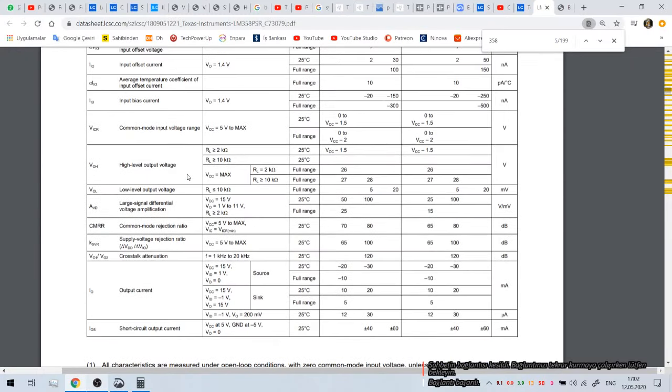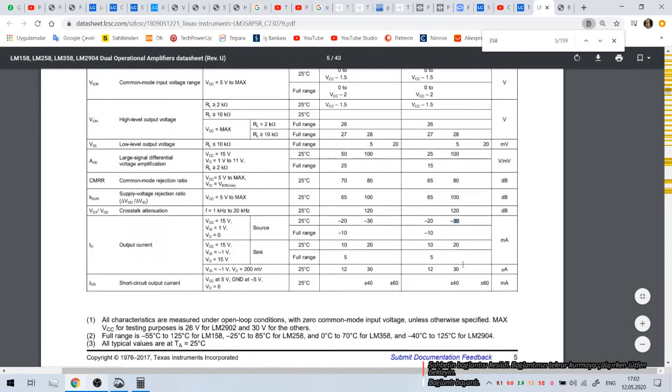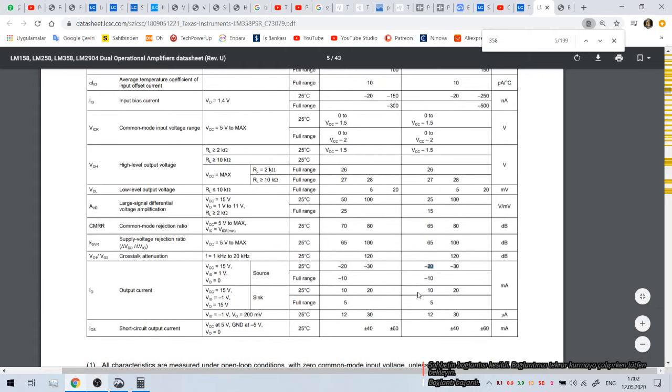Output current, I will take a look after. Output current, source current minus 30 typical, minimum minus 20, and sink current 10 milliamp. It is important for us. Also, in full range it decreases over the temperature range. Short circuit output current 40 amp. Very nice.